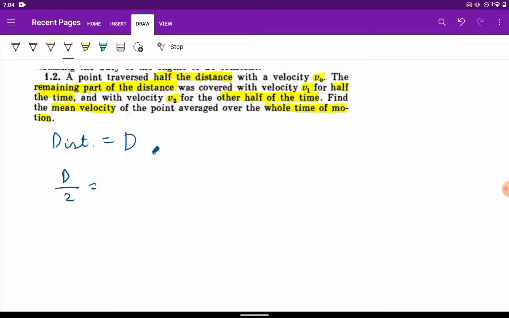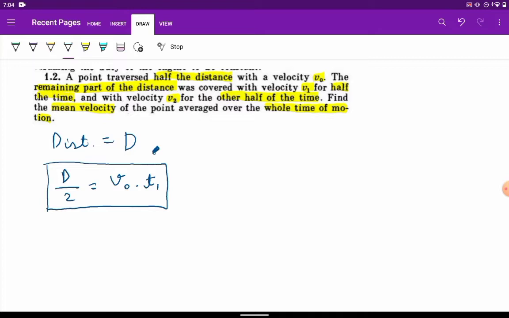So the initial half of the distance is v naught into the time taken for covering that half of the distance, let's assume the time is t1. This is for the first half of the distance. Now the remaining part of the distance is obviously again D by 2.